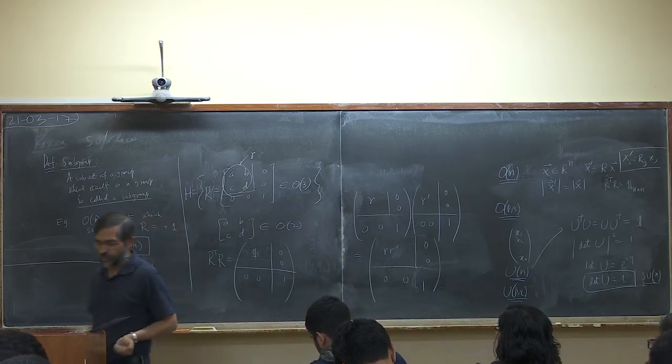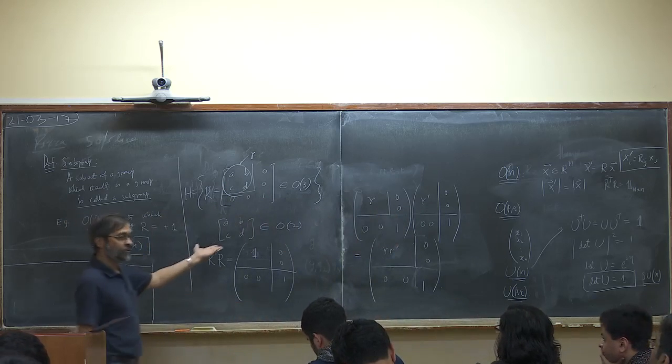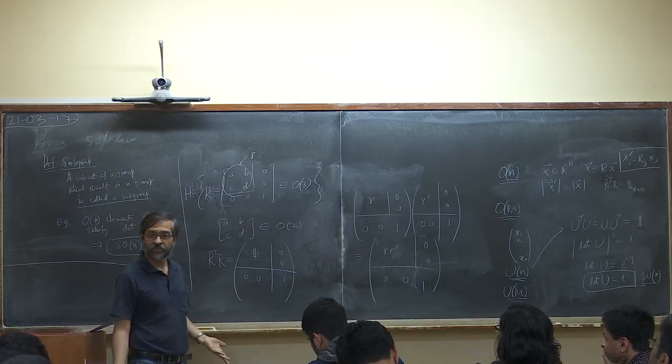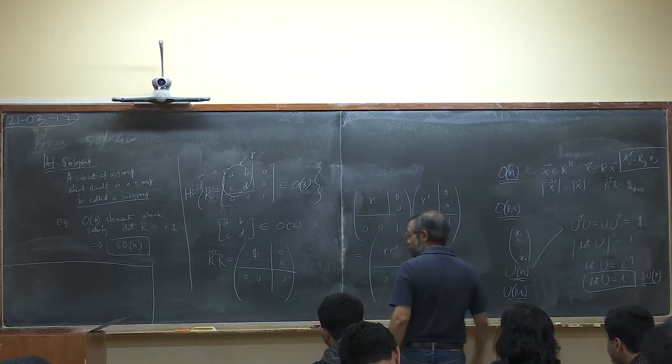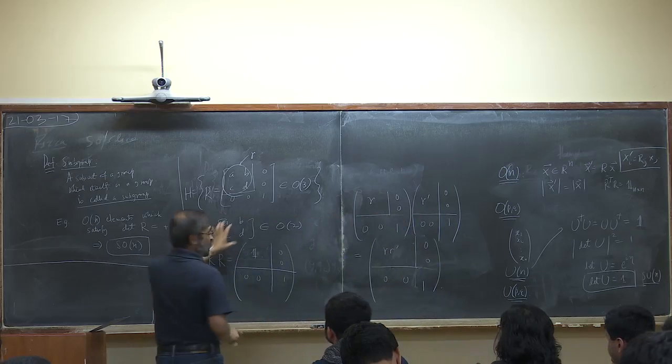You can check that inverse is quite obvious. But why do I say that this is O2? Because what is my definition of O2? My definition of O2 is something different. It is in terms of 2 by 2 matrices of this kind.